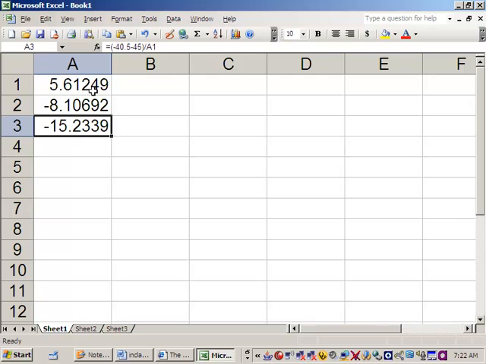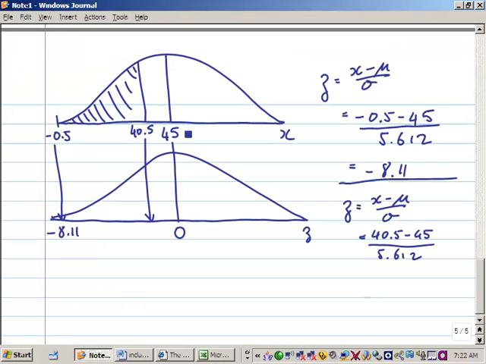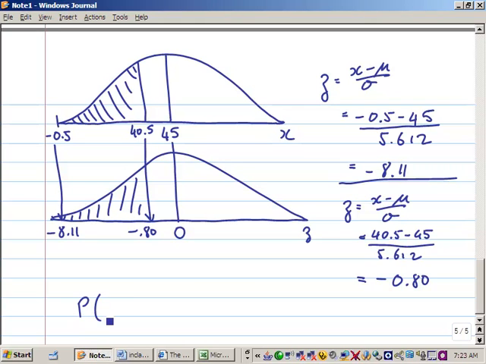Oh, what I did wrong was it's not minus 40.5. The formula is 40.5 minus 45, and there it is, minus 0.80. So our probability from above is equal to the probability of getting a z from minus 8.11 to minus 0.80.